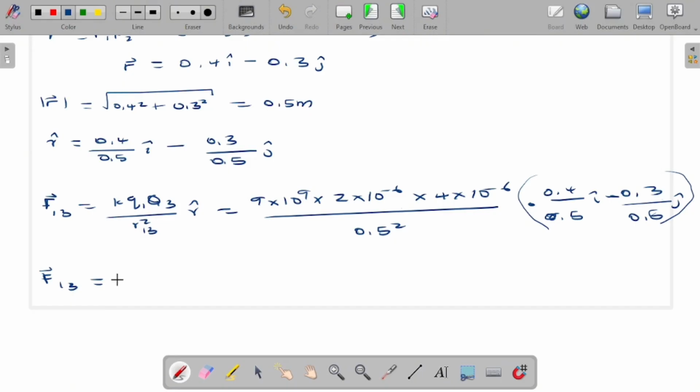So what are the answers? 0.23, and minus 0.17 j hat newtons.